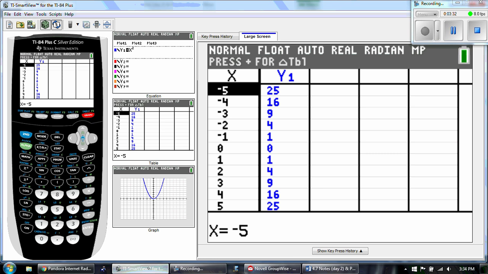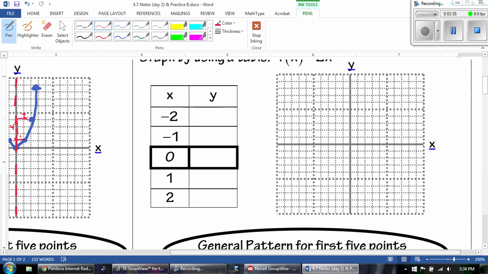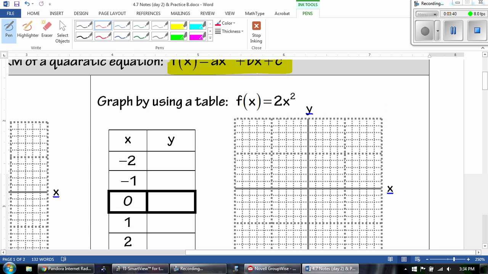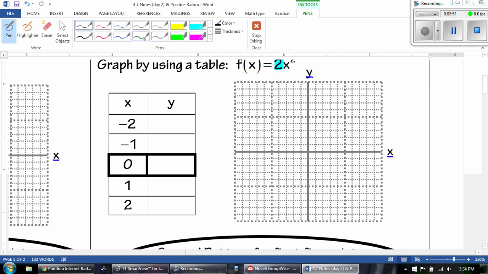Okay? So now let's look at this. Instead of having a 1 out front, now we're going to have a 2 out front. So if I'm trying to find out what these are, I would have 2 times negative 2 squared, 2 times negative 1 squared, 2 times 0 squared, 2 times 1 squared, 2 times 2 squared, to figure all those out.